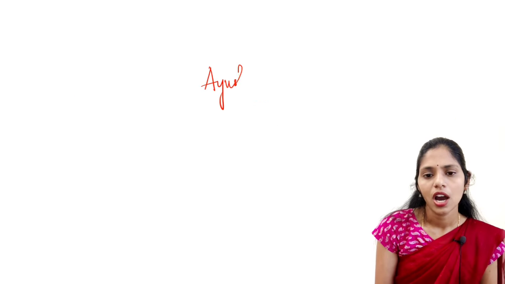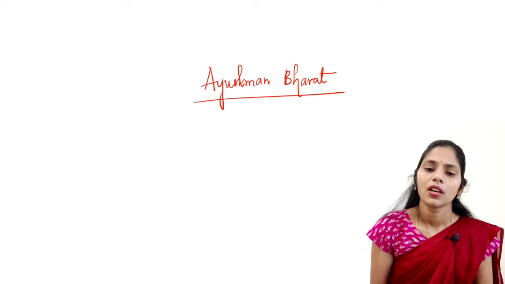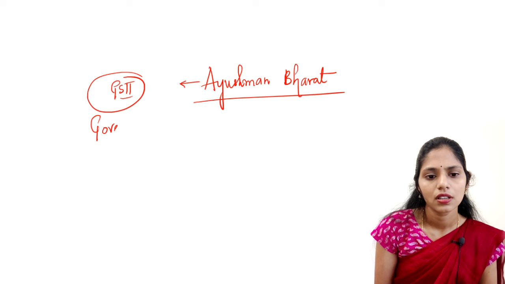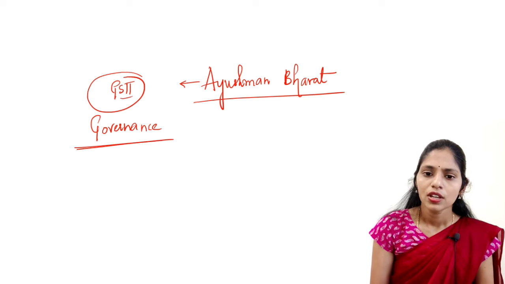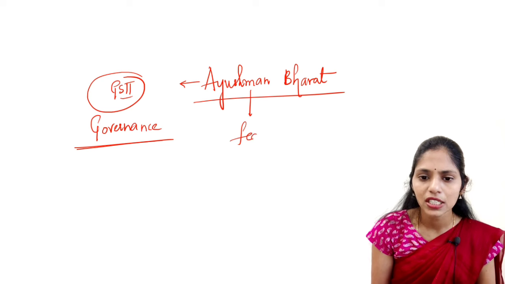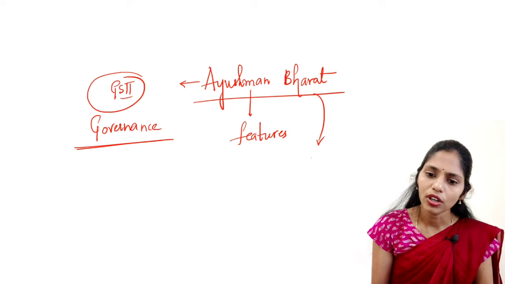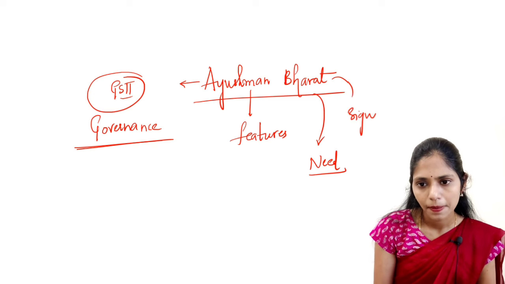So this article is talking about the Ayushman Bharat scheme. This article is important from the GS paper 2 point of view, from governance. You have to see some important features of this Ayushman Bharat scheme, what is the need of this scheme, and what is the significance.